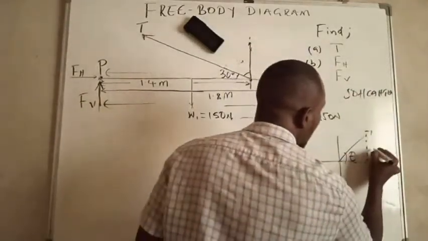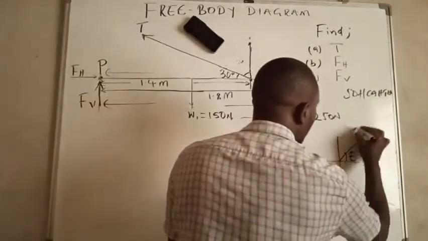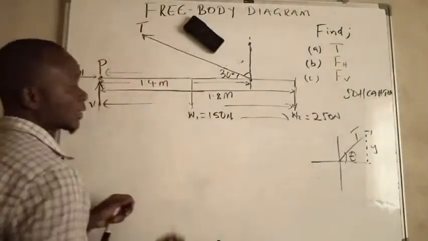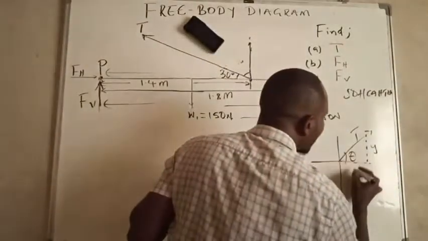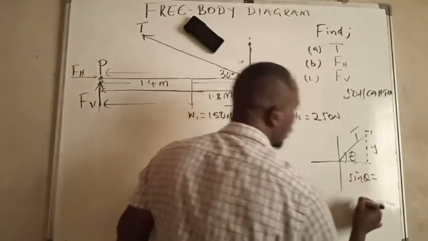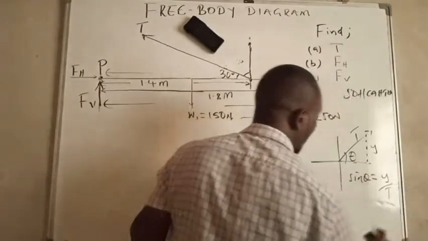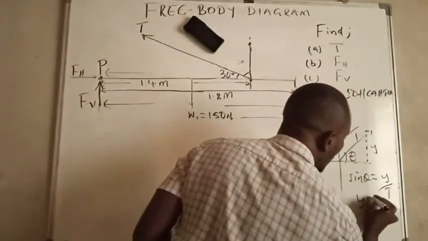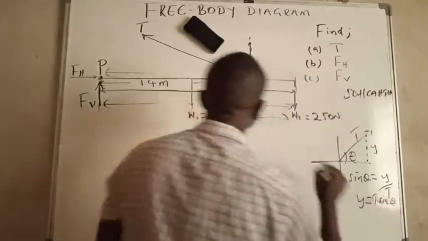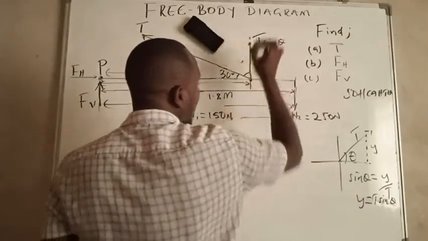So let's call this one y, and let's call this one T, as given in the question here. So our sine theta will be equal to the opposite, which is y over T. So our y will be T sine theta.